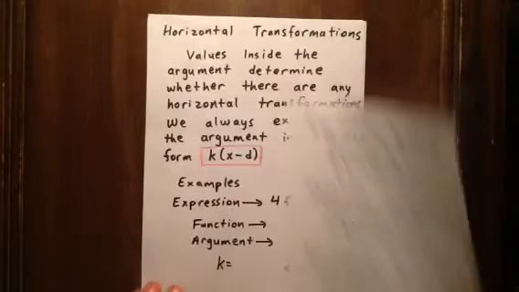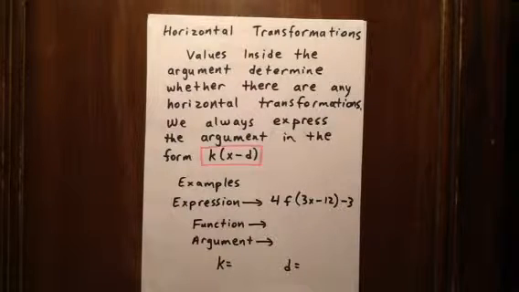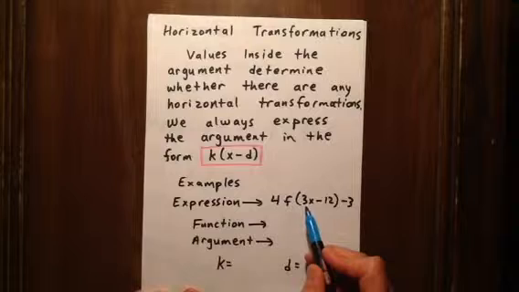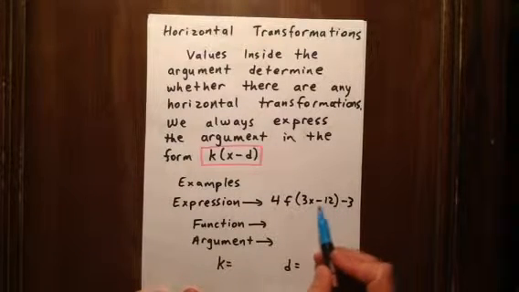Okay? Now, moving on, we're going to shift our focus to what we call horizontal transformations. Horizontal transformations are determined by values inside the argument. So, for example, in this question here, we've got 3x minus 12 as the argument.